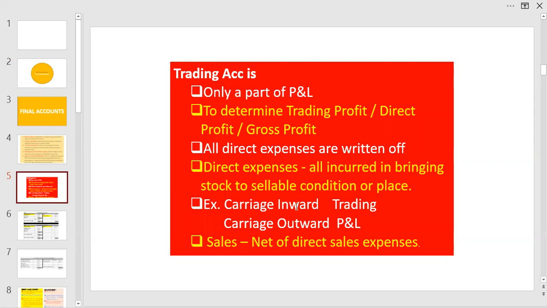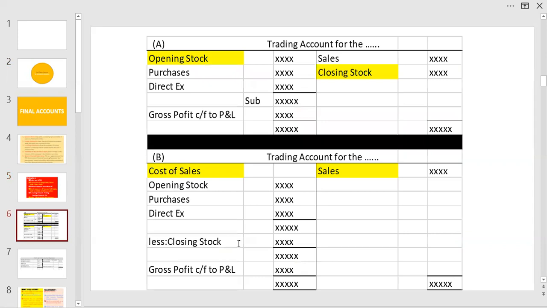Carriage inward is treated as direct expenses and therefore written off in trading account, whereas carriage outward is treated as indirect expenses and written off in profit and loss account. Also, any direct expenses on sales will be absorbed into the sales and net sales only will be shown. Two formats of trading account and P&L account are shown here.